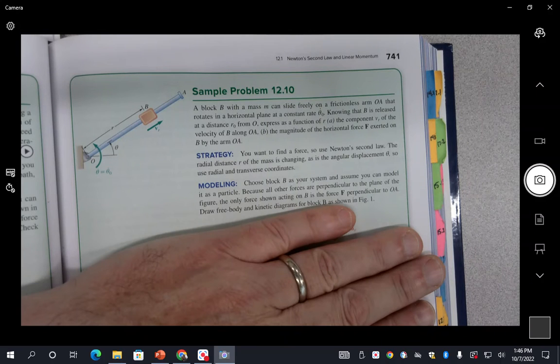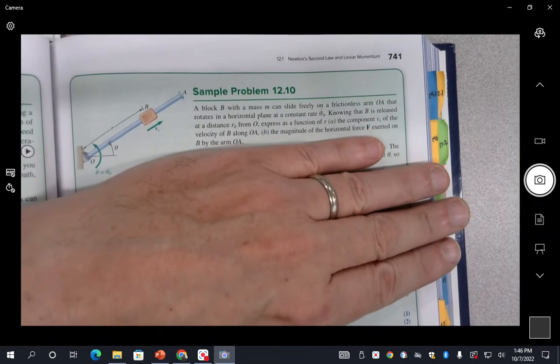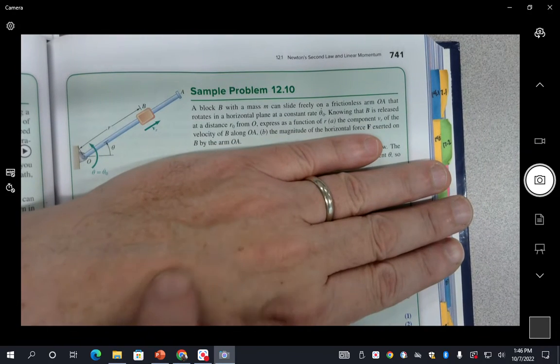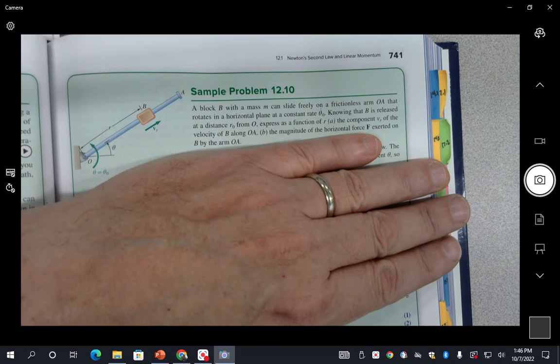So we have a block B, has a mass M, can slide freely on a frictionless arm OA that rotates in a horizontal plane at a constant rate, theta dot.